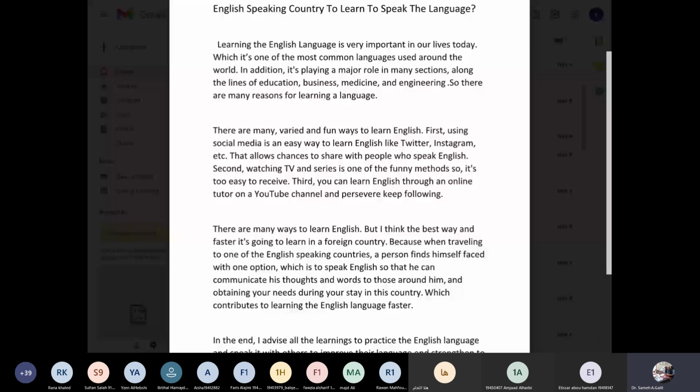So let's assume that her thesis statement is correct, and let's assume that the prompt was asking about why people learn a language. Okay, I would go to the body paragraphs in order to check those reasons that she will mention.